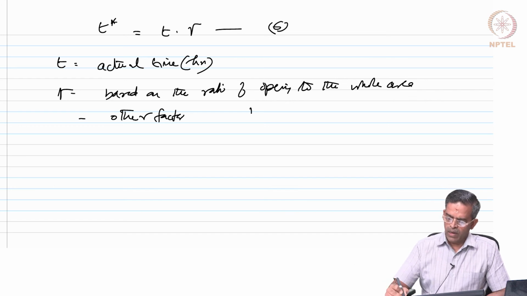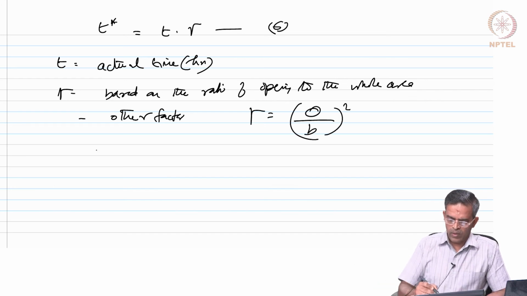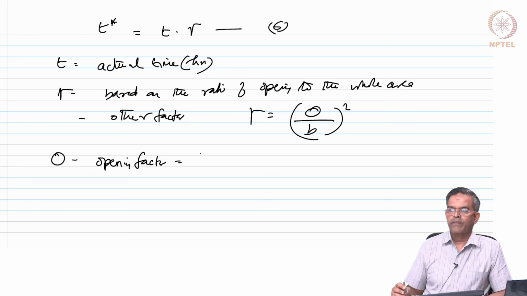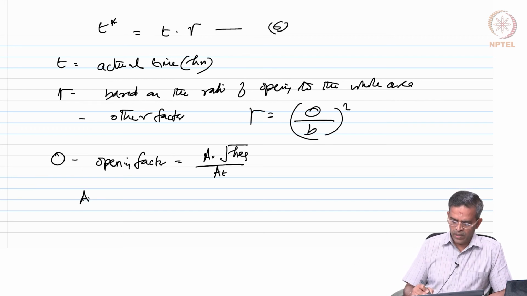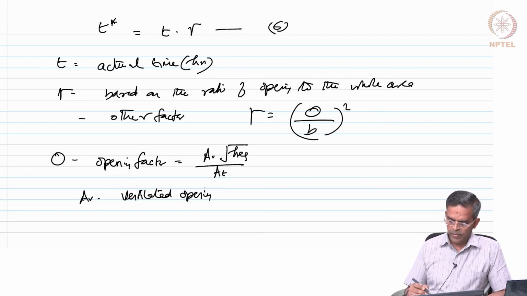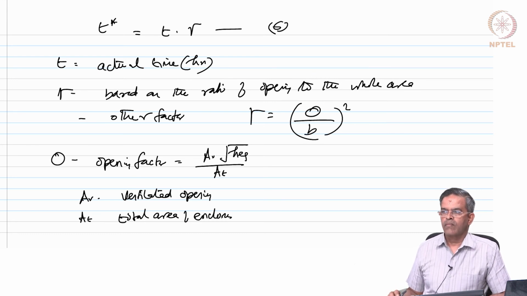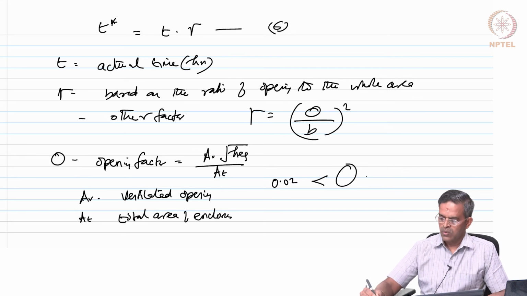Now, gamma is O by b squared, where O is called the opening factor, which is Av root h equivalent by A total, where Av is the ventilated opening and At is the total area of enclosure, and O lies between 0.02 and 0.2.